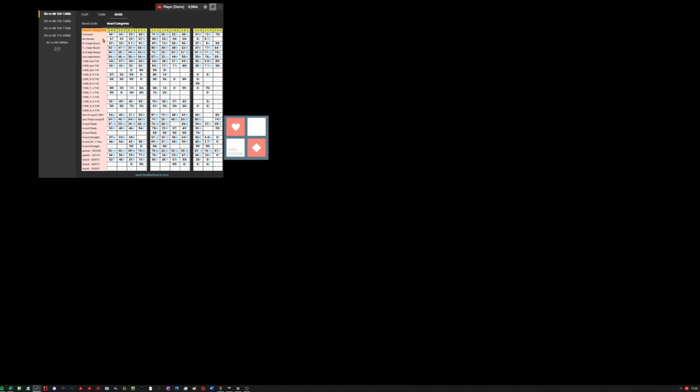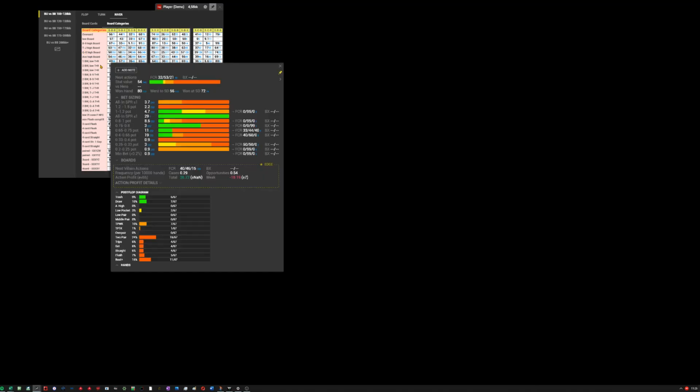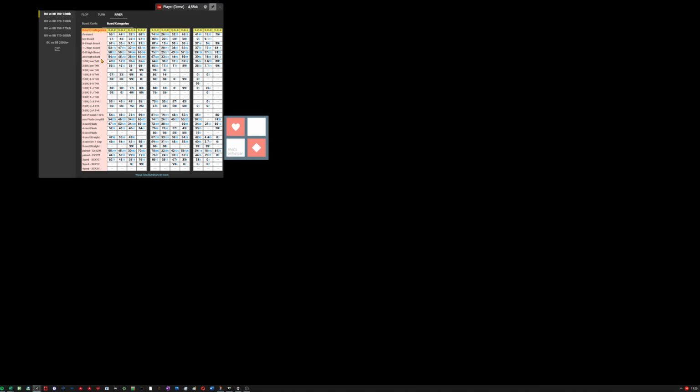So if the complete board is a 7 high board at most. The next line shows only boards for 8 to 9 high boards, then 10 to jack high boards, queen to king high boards, ace high boards, one Broadway low turn and river boards, two Broadway boards, low turn and river, and so on.